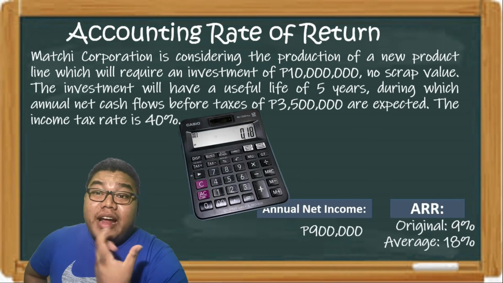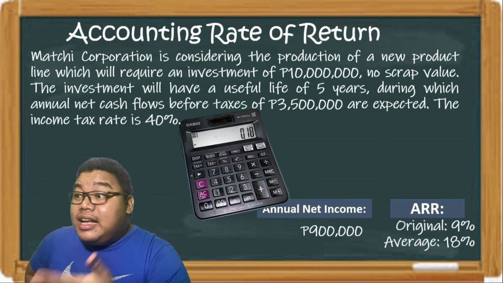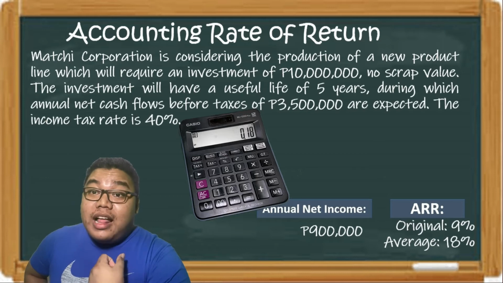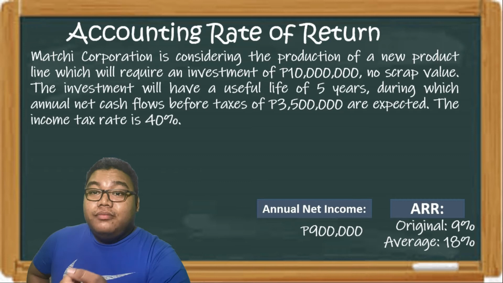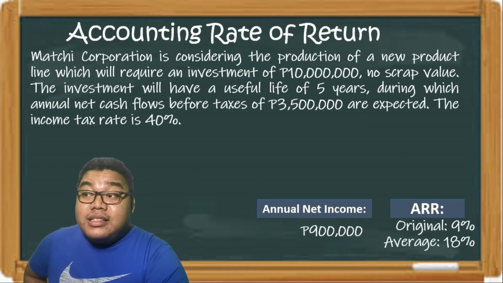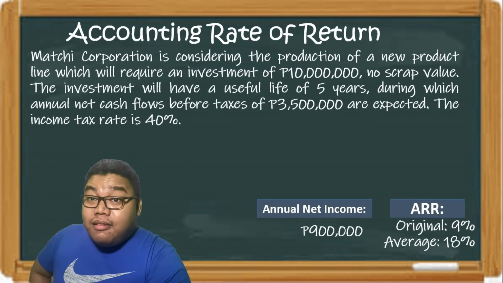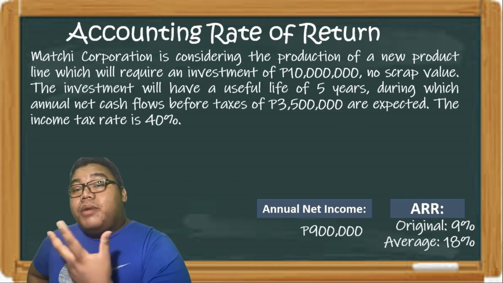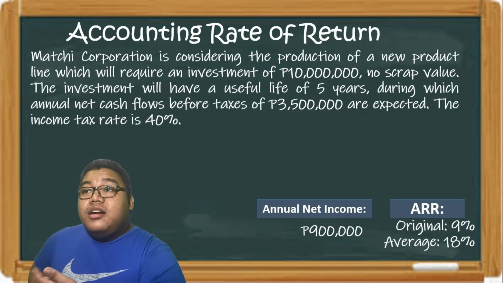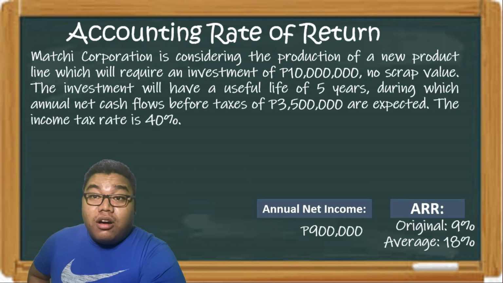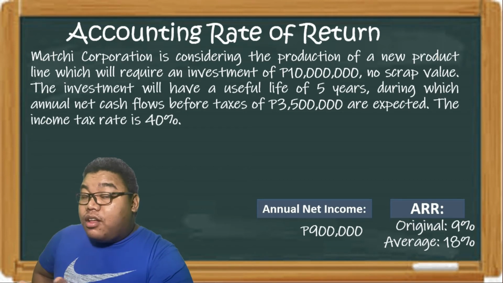So what would be the correct answer in this? Is it asking for the original ARR or the average ARR? So the answer there is, actually, we cannot tell, neither. But if you would ask me, if you are the investor, you would be more conservative on this.